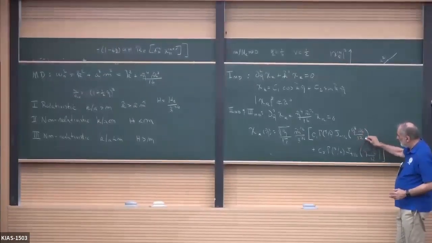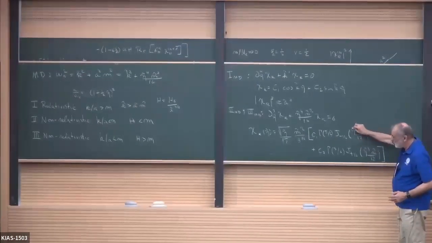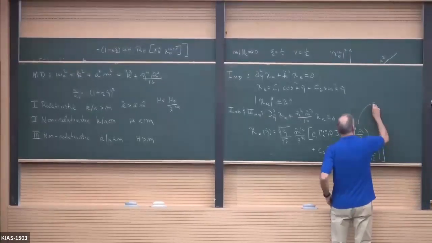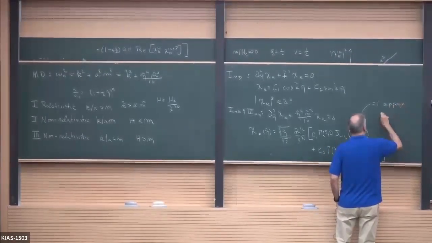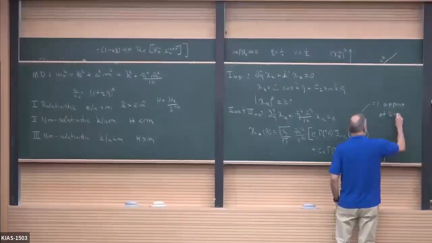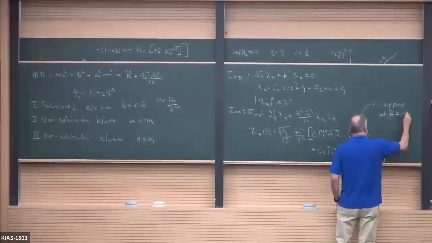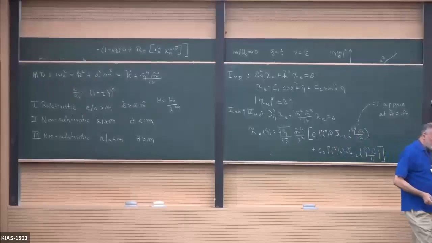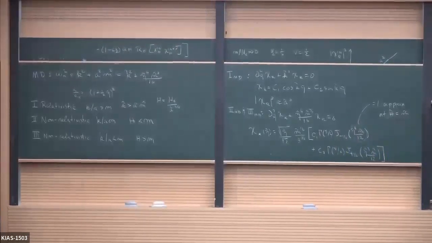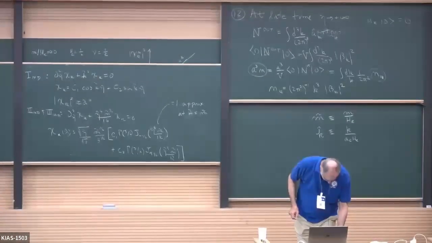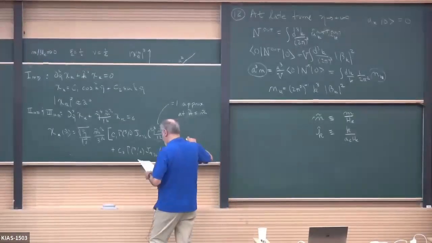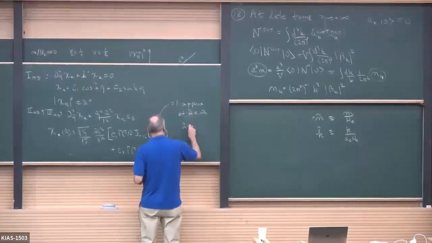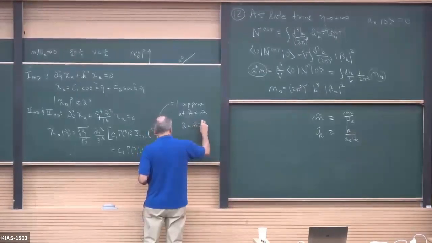So the Bessel function is equal to 1 roughly, approximately at A tilde is equal to M, when H is equal to M, and this will happen at A tilde equal to M tilde to the minus 2/3.